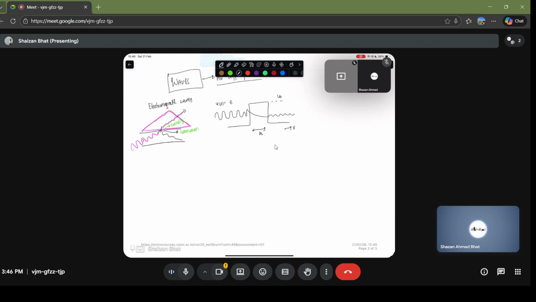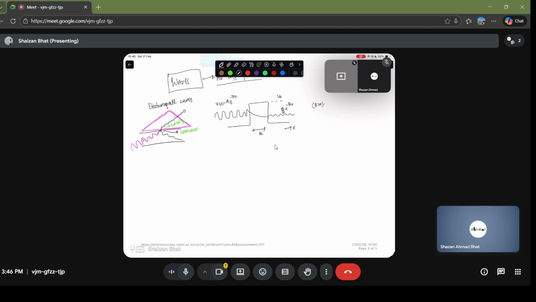Or if you don't write it in terms of the time function, you can have e to the power minus i kx. And if this is a, then this will be approximately a by 2 e to the power minus i kx, or it will be some a by alpha, where a by maybe b. That means it's reduced by a certain amplitude, where b is greater than a.